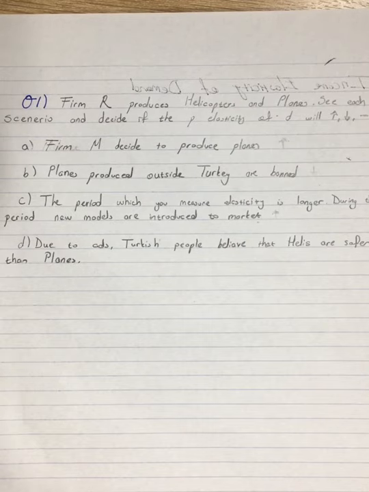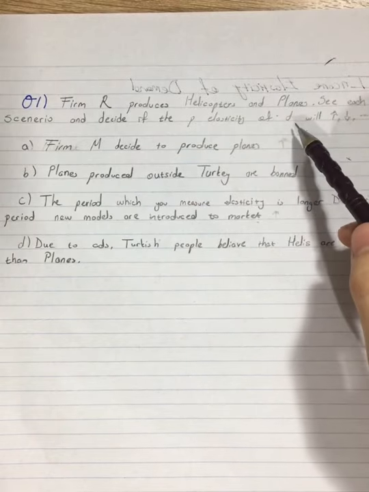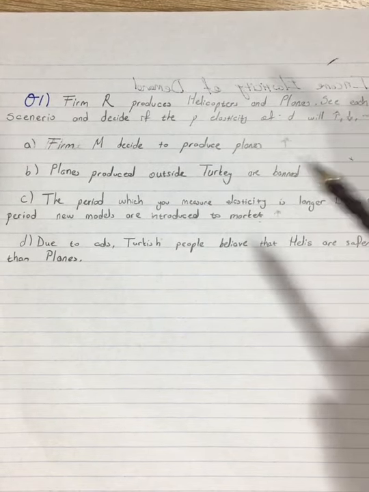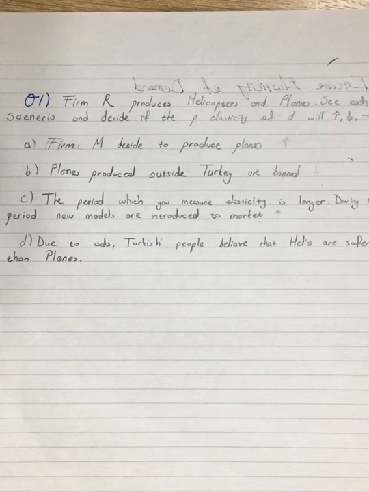Okay, let's start with our first question. It says that firm R produces helicopters and planes. See each scenario and decide if the price elasticity of demand will rise, decrease, or stay constant. In part A, it says that firm M, another firm, enters the market and decides to produce planes. Now, remember our discussion of price elasticity of demand.